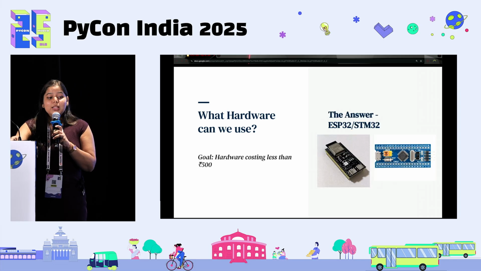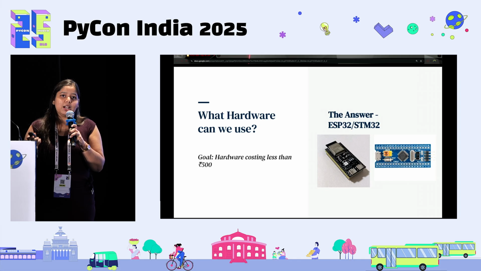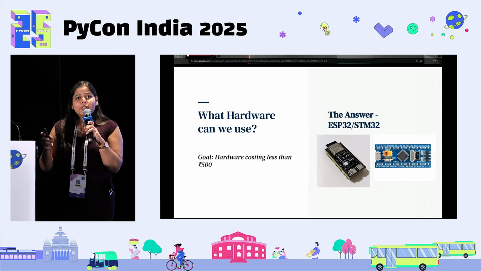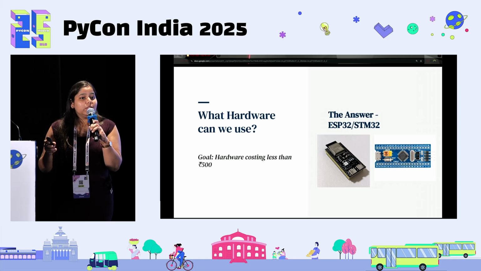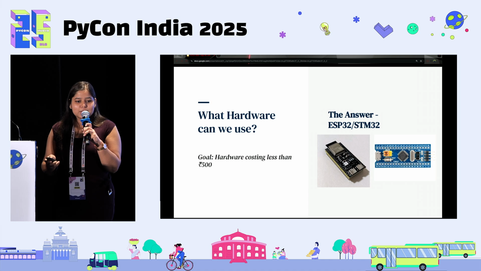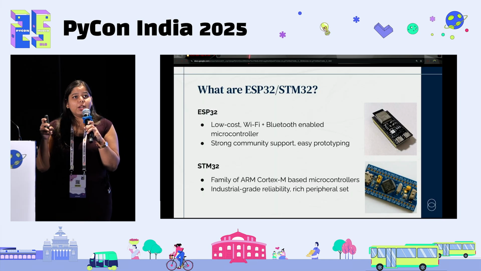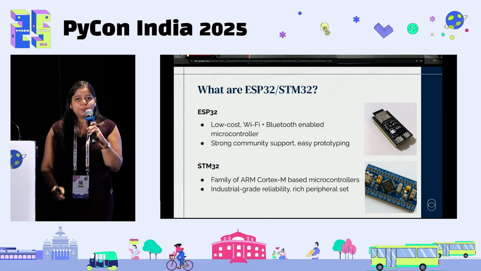So this can be done with the help of microcontrollers like ESP32 or STM32. When we think of smart and connected devices, we often think of expensive hardware. But here, we can achieve this goal by using these microcontrollers. So, two of the most popular microcontroller families for TinyML are ESP32 and STM32.